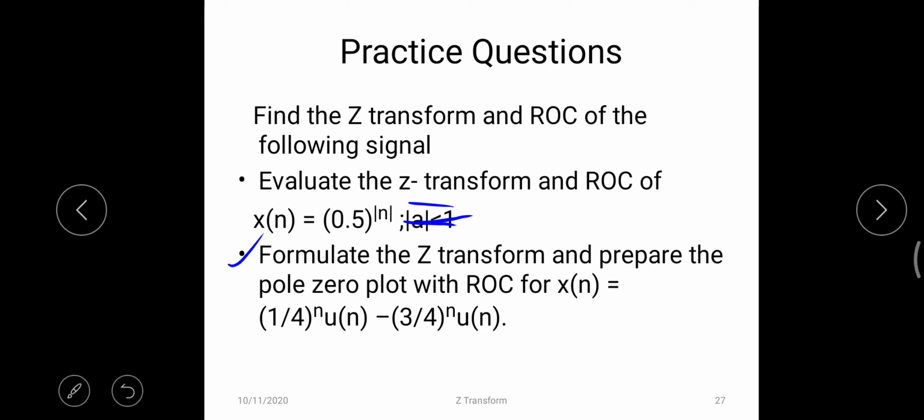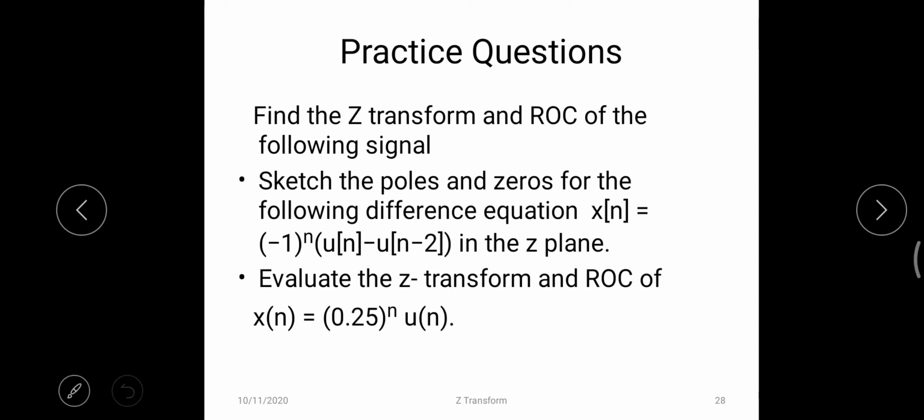Both are causal signals, so obviously the ROC will be greater than 1 by 4 and greater than 3 by 4. The common region is greater than 3 by 4 till infinity. So this ROC includes the unit circle. If they are asking about the stability of the system, obviously the system will be stable.